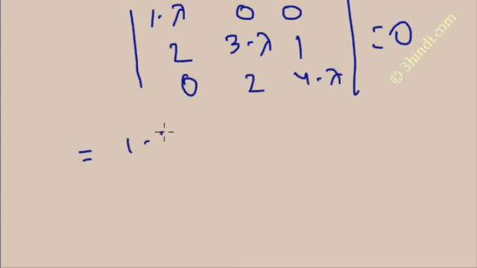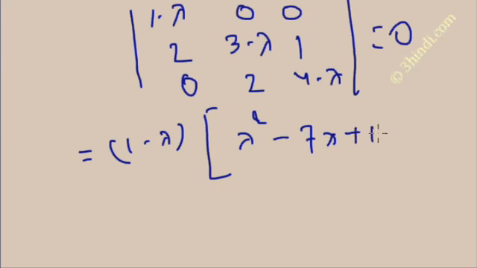This is equal to 1 minus lambda into, multiply this into this, and minus 2. It comes as lambda square minus 7 lambda plus 12 minus 2 equal to 0.